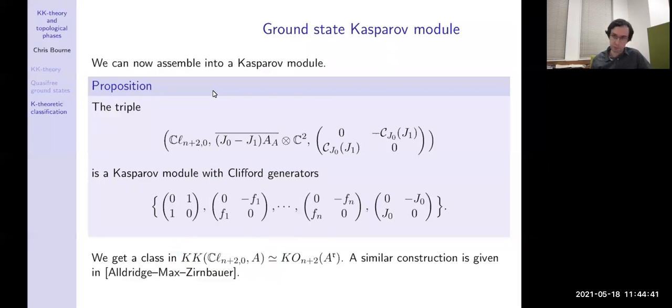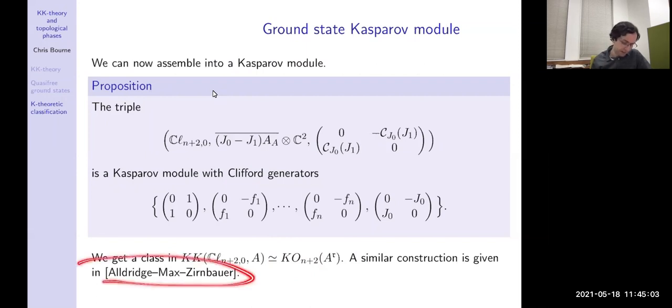If you don't want to worry too much about KK-theory, this is just the same as the real K-theory of a certain C-star algebra, where the degree of this K-theory is determined by n, and n is determined by the symmetry type of the system I'm studying.